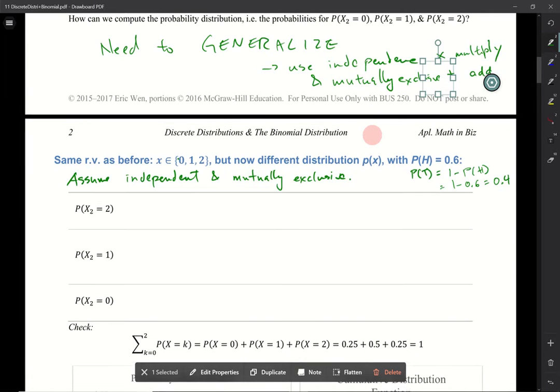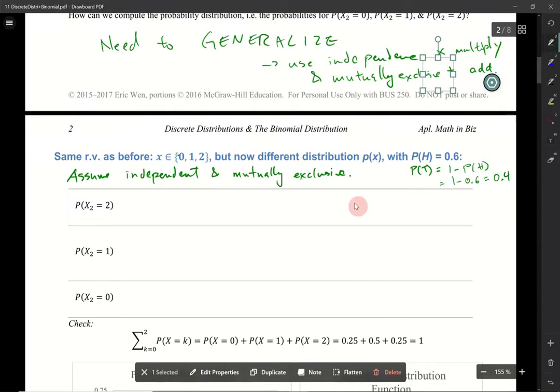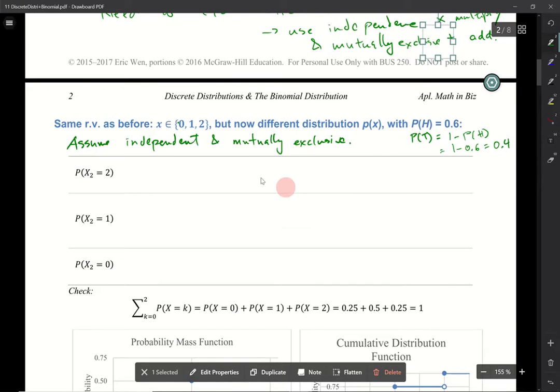So how do we do this? Sorry? Multiply which by 2?